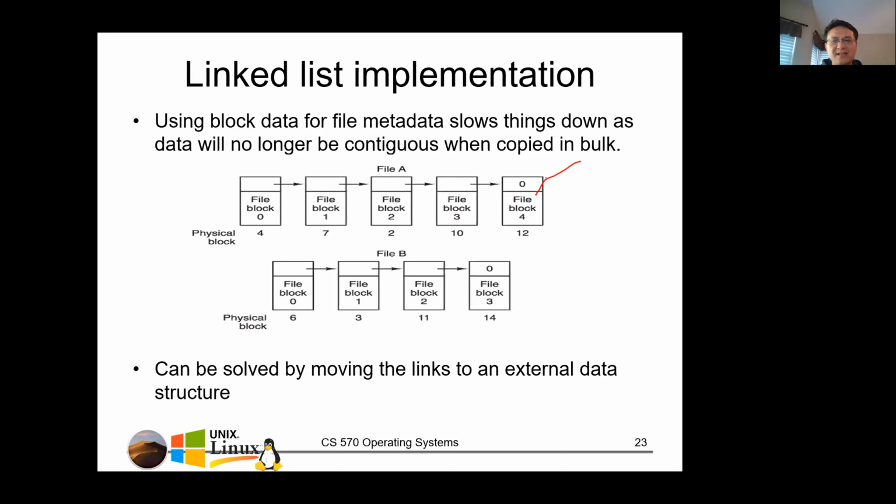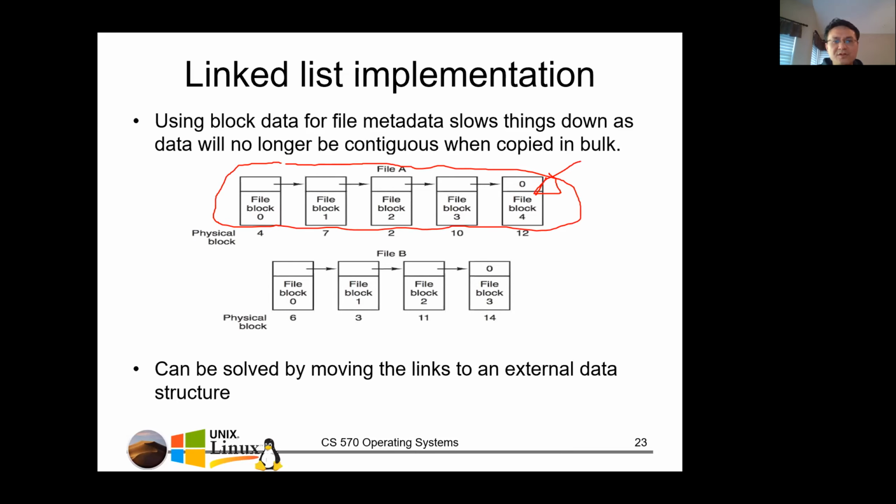Let's say you want to access the last block. You would have to traverse the whole linked list to figure out where that last block is. So direct access or random access could be extremely slow. We're talking about traversing this structure on the disk, because all these blocks are saved on the disk or solid state drive.